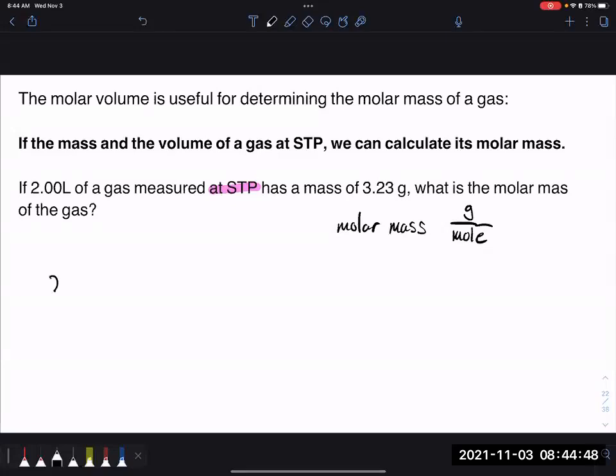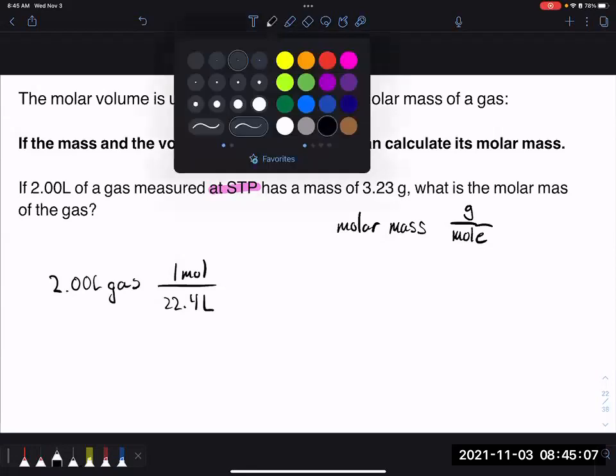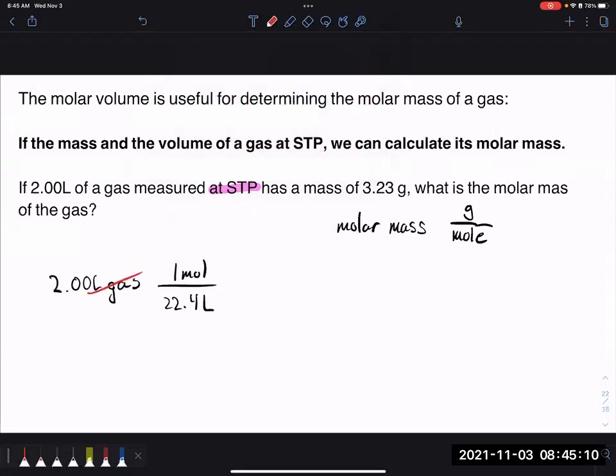So if we have 2.00 liters of gas at STP, we know that 1 mole is equal to 22.4 liters, and we can cancel those out and get moles.